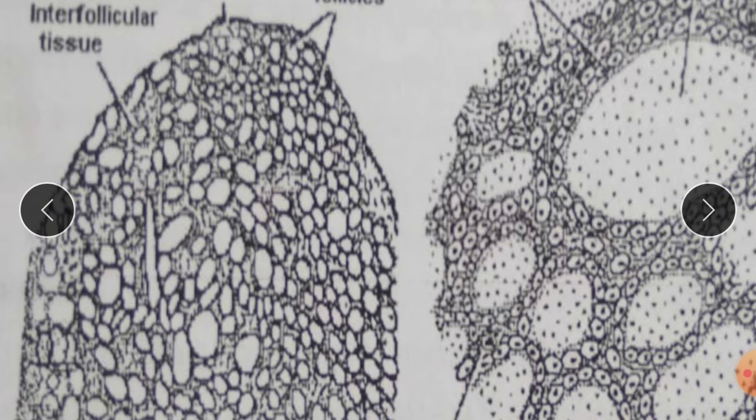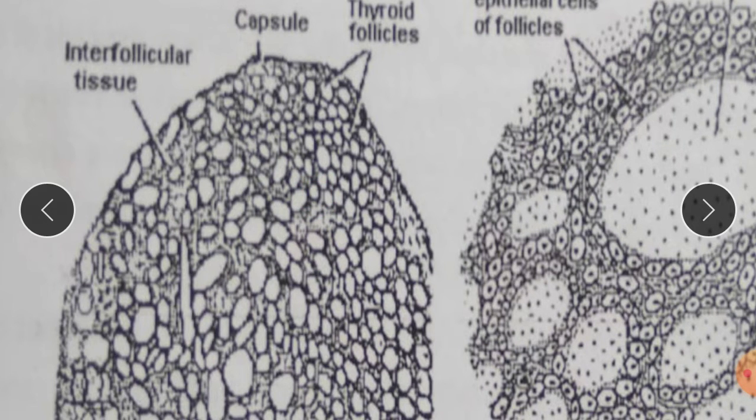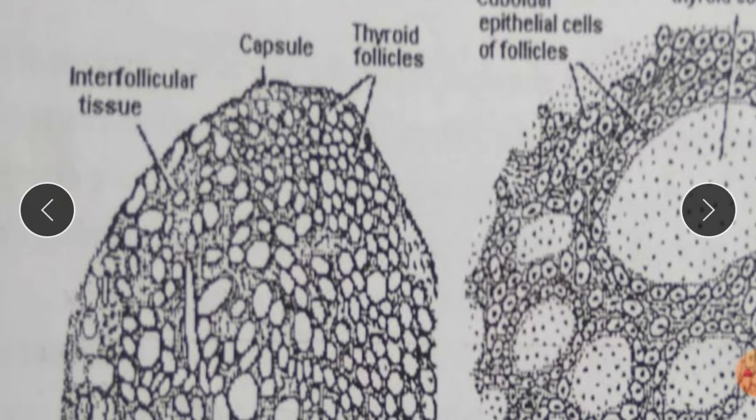These are rounded structures. These are called thyroid follicles, and all follicles are externally covered by a connective tissue capsule.